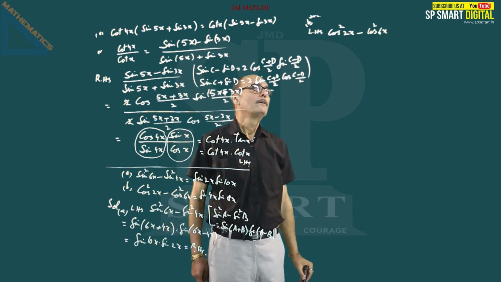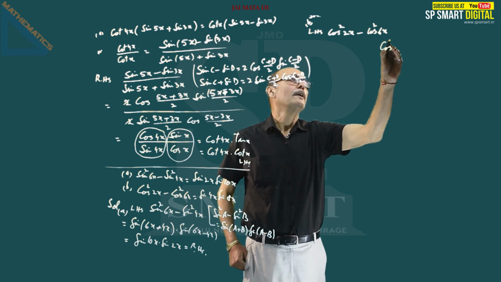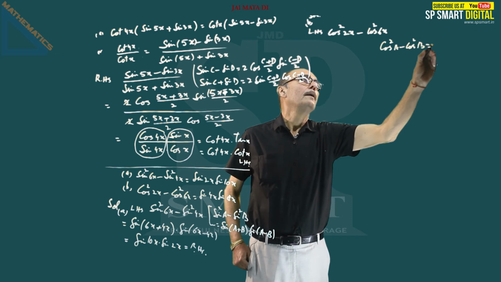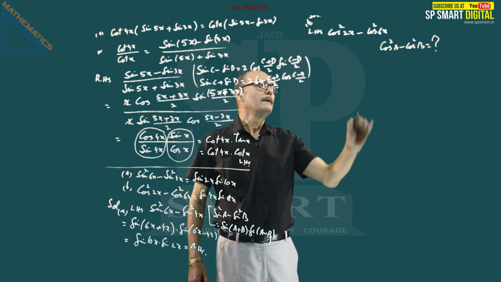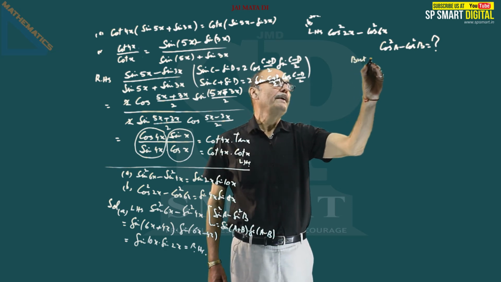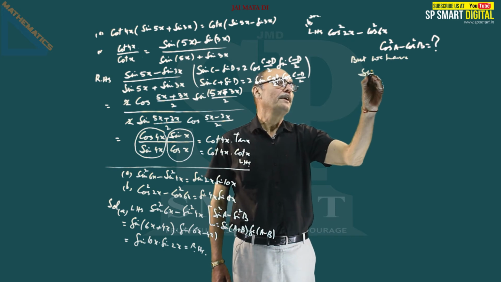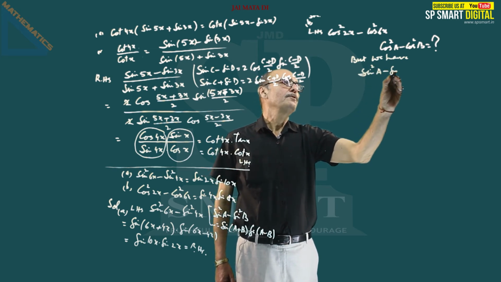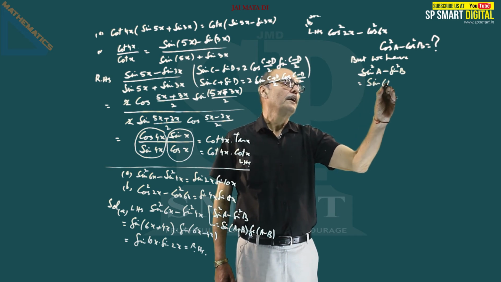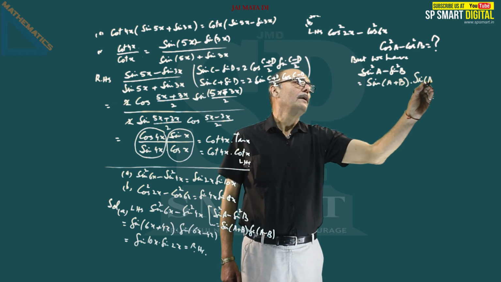Well, we do not have the standard formula for cos square a minus cos square b, but we have sine square a minus sine square b as sine of a plus b into sine of a minus b.